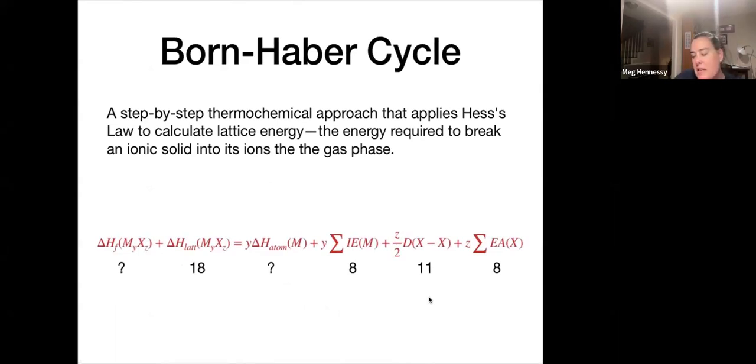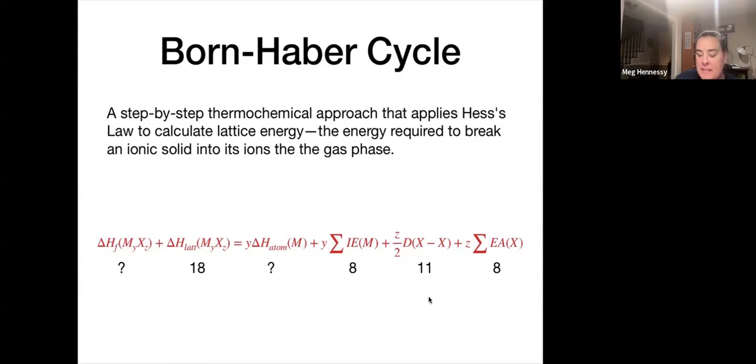So the Born-Haber cycle is a step-by-step process that we use to try to calculate things that we can't experimentally do. So the lattice enthalpy is what we usually think about. The lattice enthalpy is the amount of energy it takes to take a solid, crystalline, ionic lattice and blow it apart into gas phase ions.